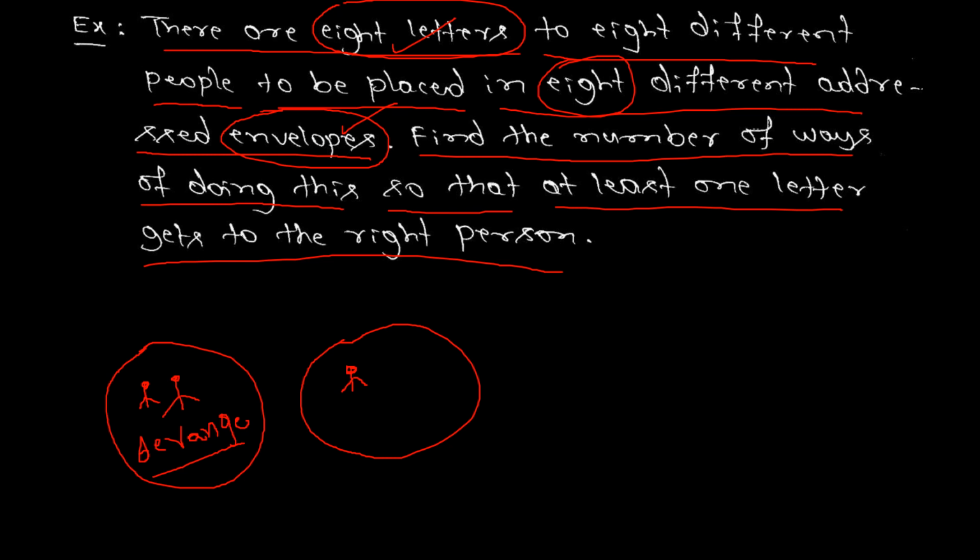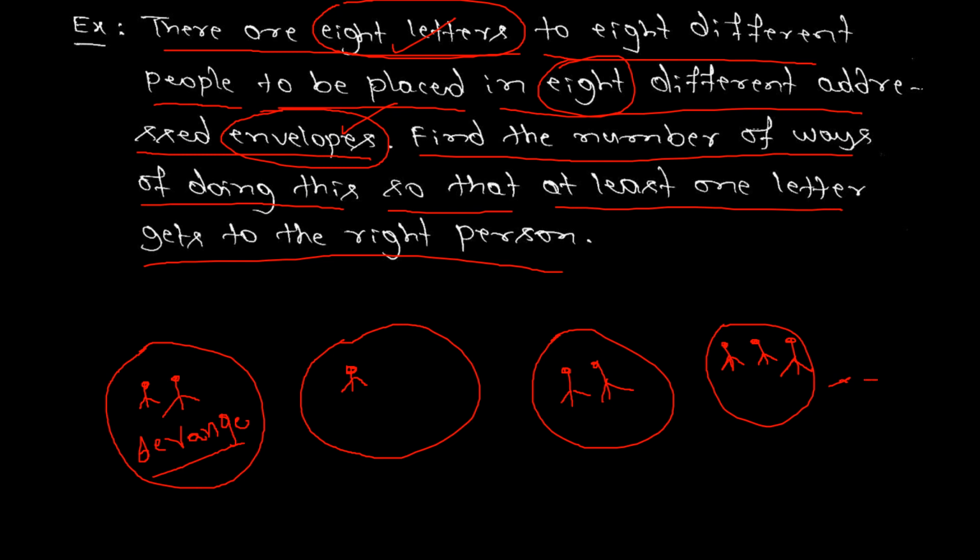Then the other possibility is two persons have got right letters. The process continues. This is a set of all possibilities where three persons get a right letter, and so on, till we exhaust all the possibilities of 8 letters going into right 8 envelopes.